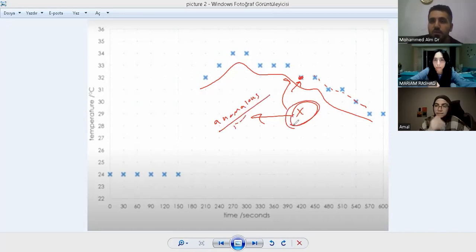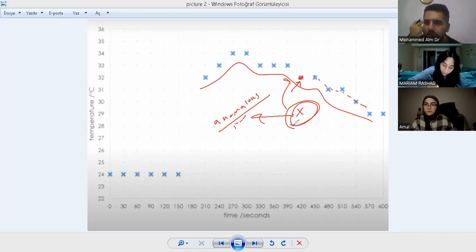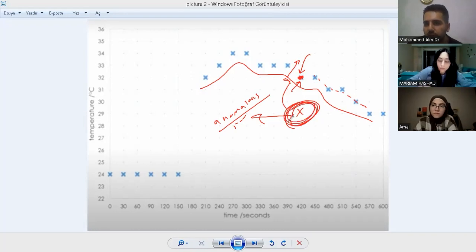Why do we have an anomalous point, guys? We will have this point due to some problems, some errors in the experiment. For example, before measuring this point, we take the thermometer out from the solution and put it back here, so we don't get accurate results. We have error. This is one of the sources of error.